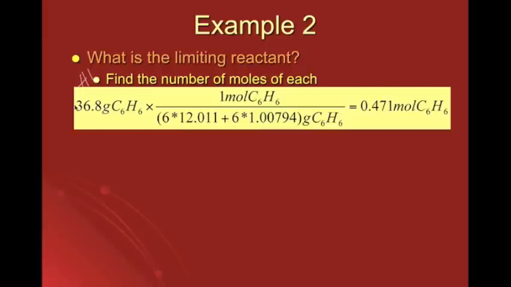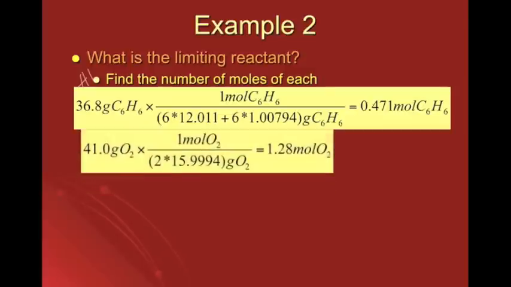So we'll take 36.8 divided by its molar mass, and we'll get 0.471 moles of C6H6. We'll do the same thing to the oxygen, 41.0 grams of O2 divided by its molar mass, which we have 2 oxygens, which weigh 16, and we get 1.28 moles of oxygen gas.